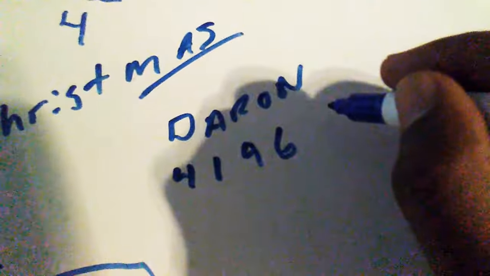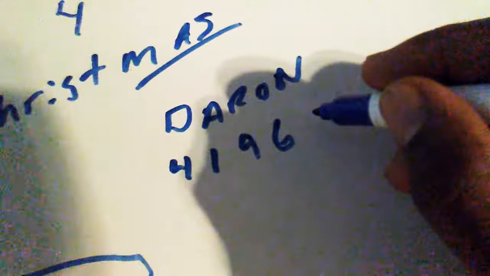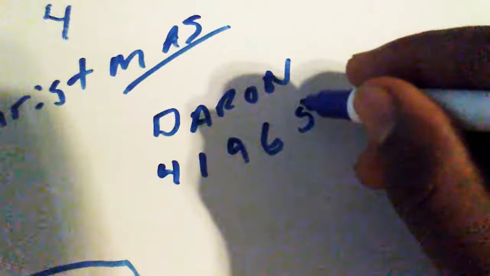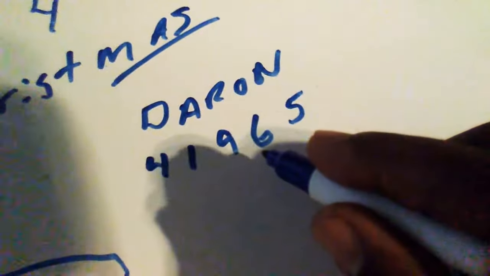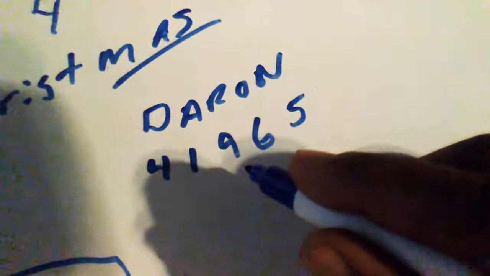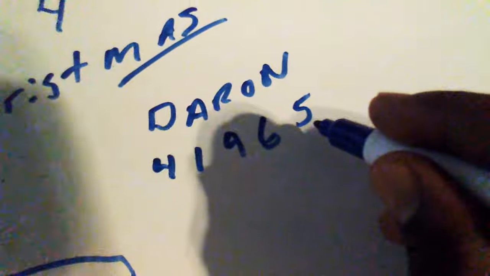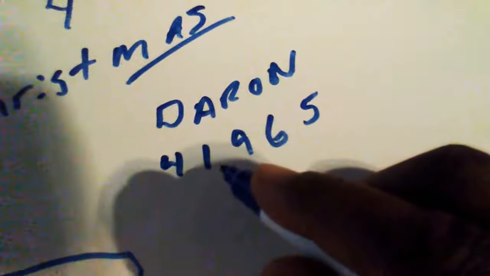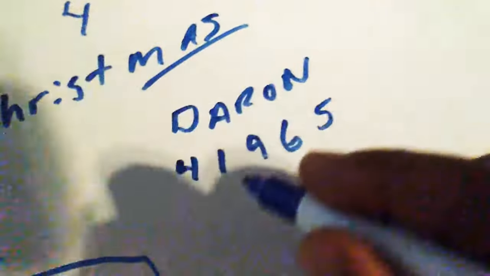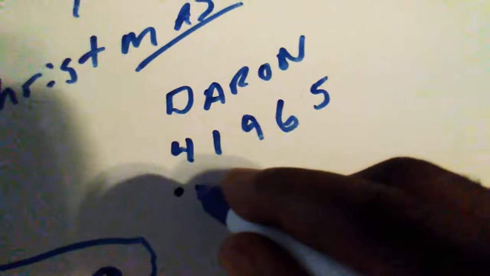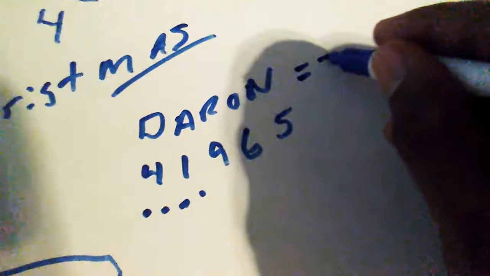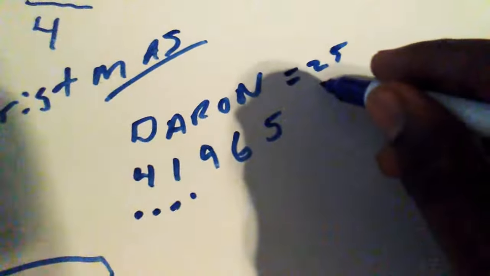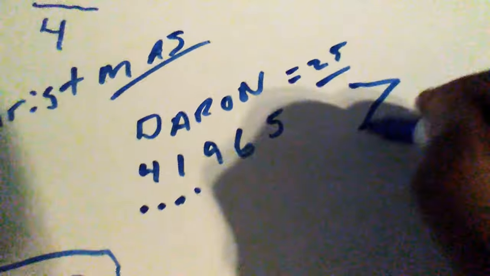N is the 14 placement, and 1 plus 4 is 5, right? 5 plus 6 is 15, right? 15 plus 5 is 20, plus 1, 21, 22, 23, 24, 25. So Daron equals 25.